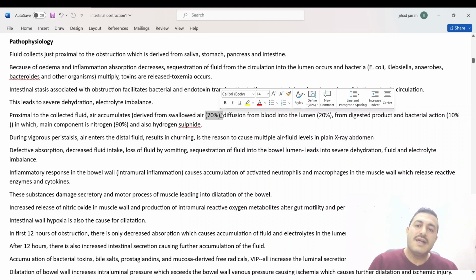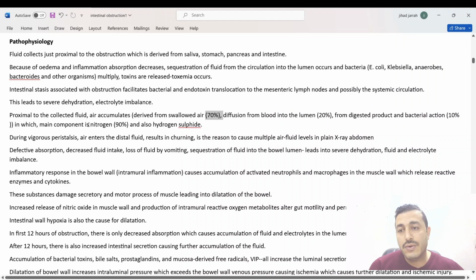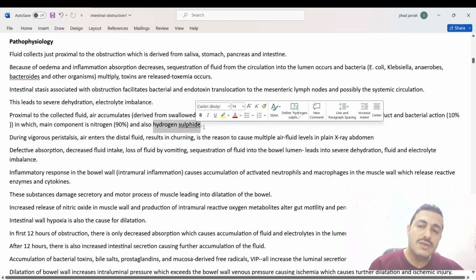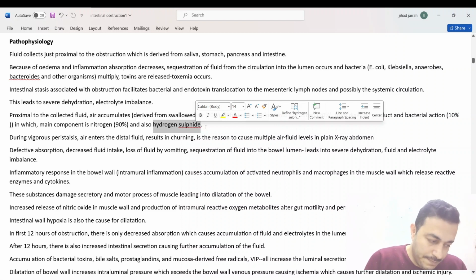The gases that are present, 90% of it is nitrogen, and a little bit hydrogen sulfide, and we know that nitrogen is not capable of being absorbed very well. Okay, this toxic material and this increase in the intraluminal pressure will lead to increased peristalsis called hyperperistalsis.